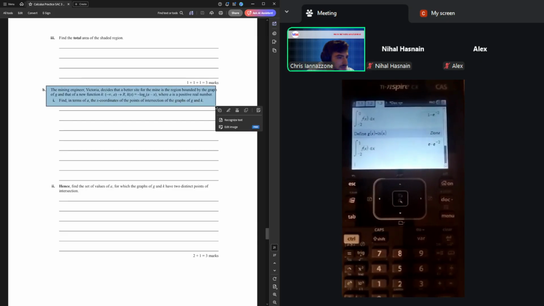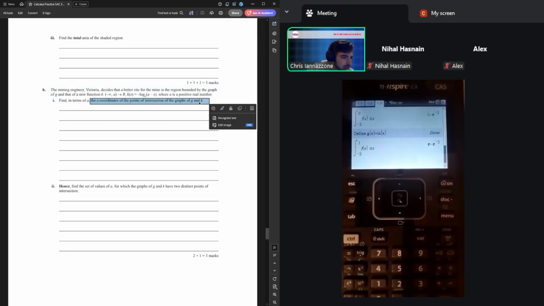Mining engineer decides a better site for the mine is the region bound by the graph of g and a new function, a new logarithm. Find in terms of a the x-coordinates between the two functions g and k. So find where g and k intersect is all that's asking.